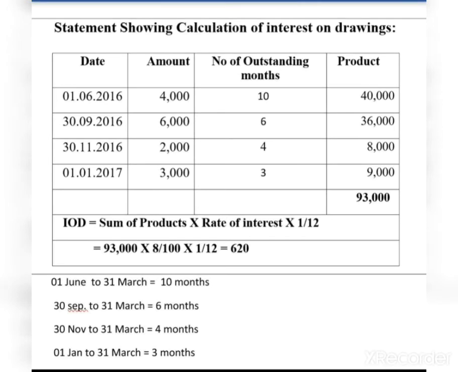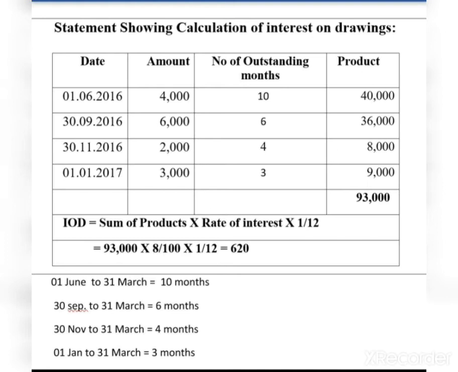In the second column, all the amounts of drawings. In the third column, the number of outstanding months, we need to find out. And in the last column, we will multiply the amount column and the number of outstanding months column.